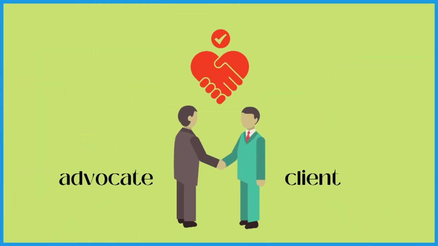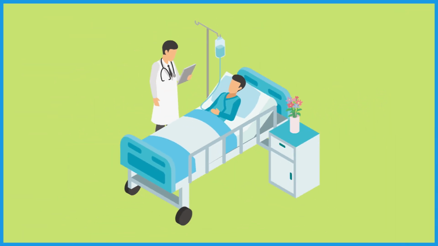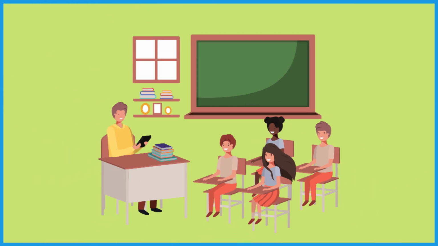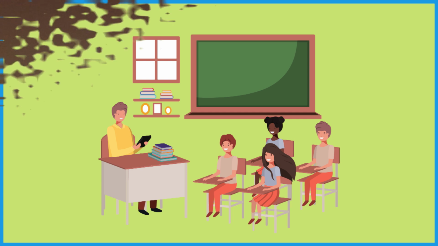So they trust each other. Or we can say any advocate and client, any doctor and patient relationship, any teacher and student relationship, all these fall under fiduciary relationship. So fiduciary is when the relationship is based on trust, care, faith, affection, love, etc.